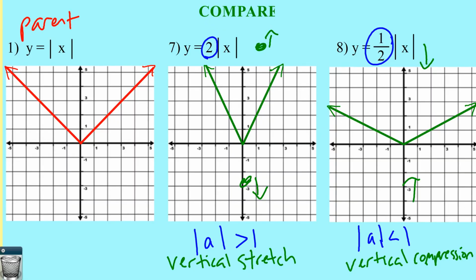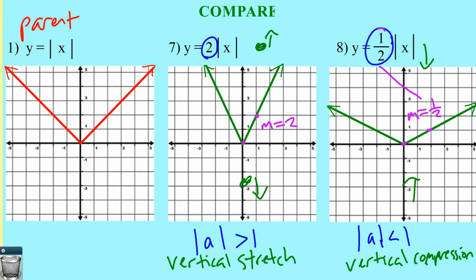We talked about it getting skinnier and fatter. Really, I adjusted the slope of those lines. Let's look at the slope of this line. That slope is 2. What about this one? The slope of this line, up 1 over 2, is 1/2.